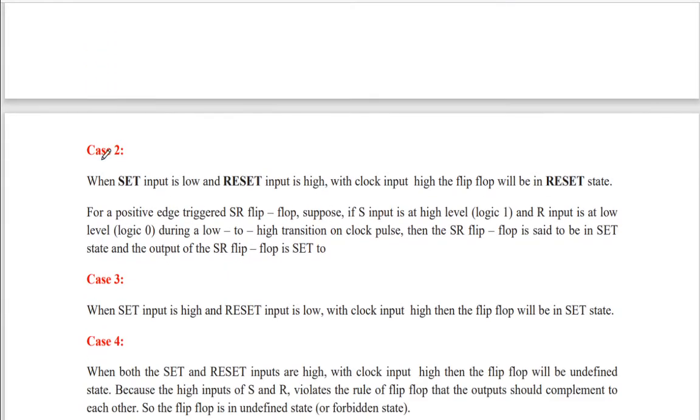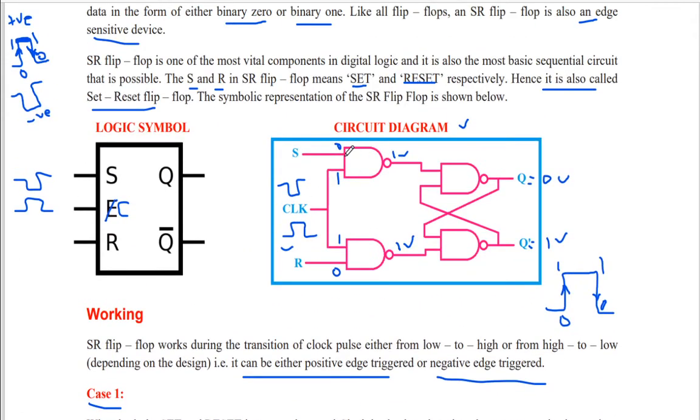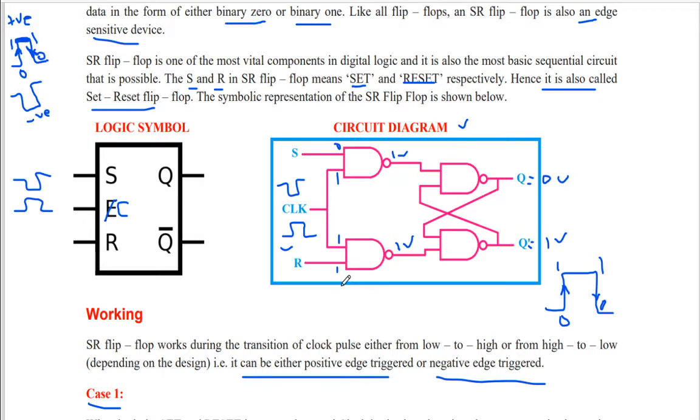Next, when we move on to case 2, when the set input is low and the reset input is high, that is when S is equal to 0 and R is equal to 1.